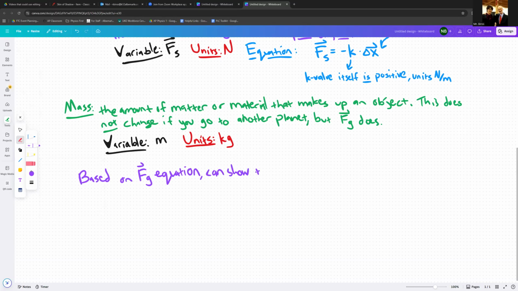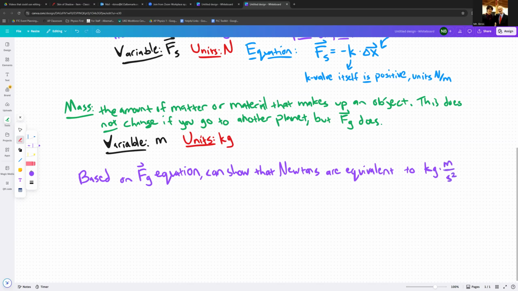We can show that newtons as a unit are equivalent to kilograms times meters per second squared. So let's talk about that and how we know.